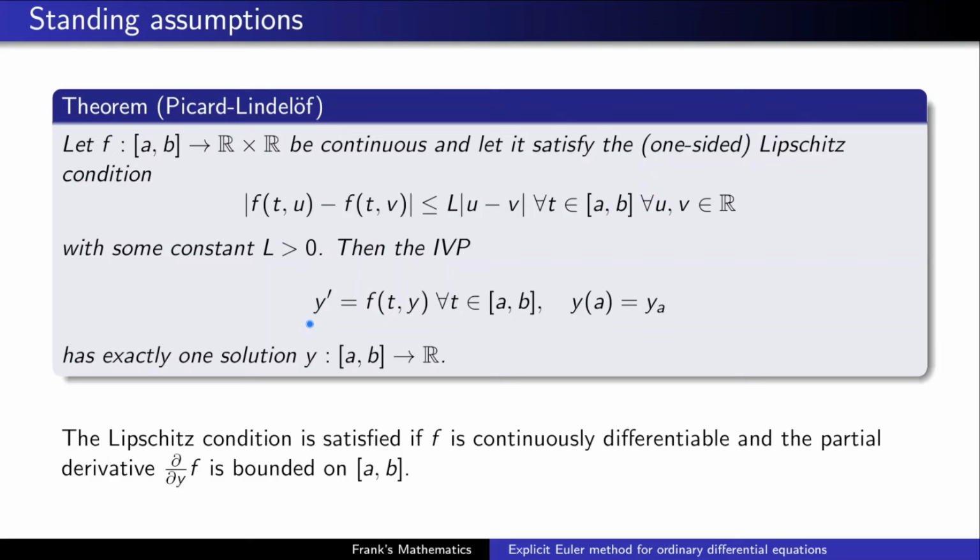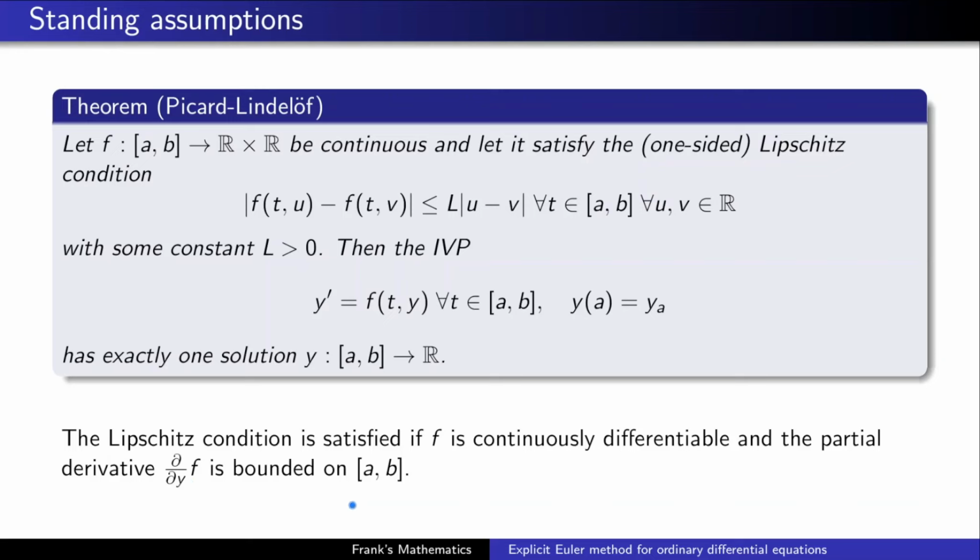To check on this, you do not have to check the Lipschitz condition by hand. You can rather use the stronger condition here. We know the Lipschitz condition is satisfied if f is continuously differentiable and the partial derivative of f with respect to the second argument is bounded on the interval we are looking at.